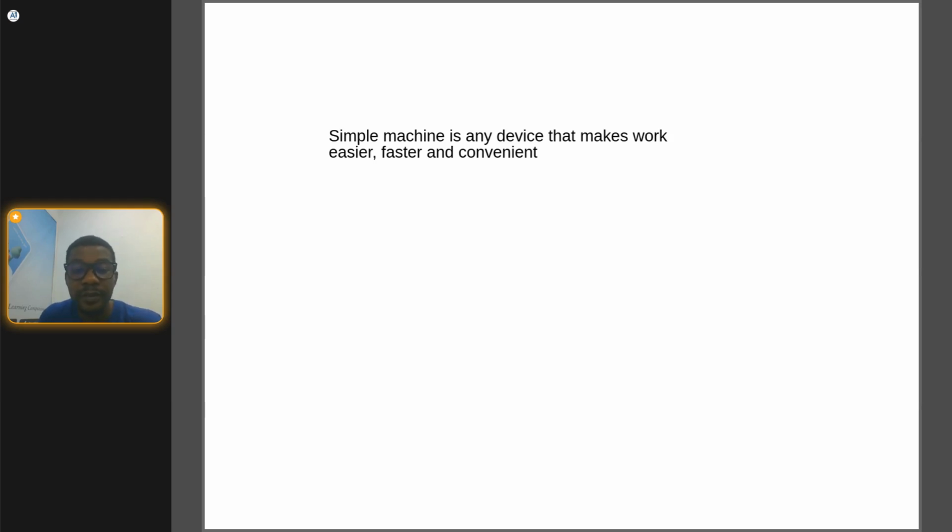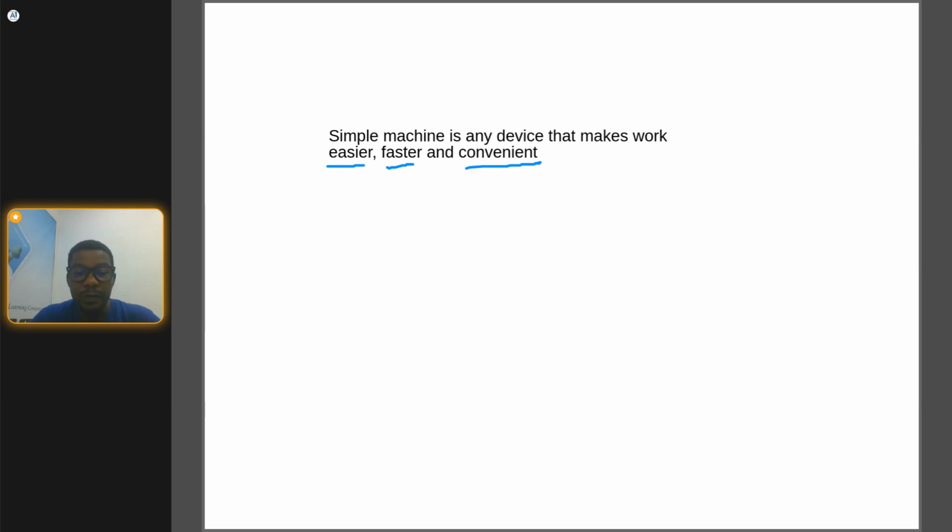So let's evaluate this definition together. A machine or a simple machine is any device that makes work easier, faster, and convenient.